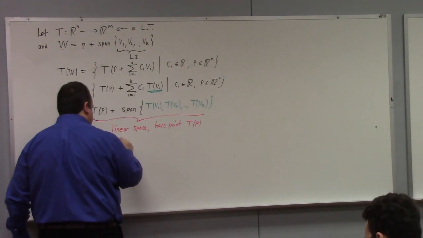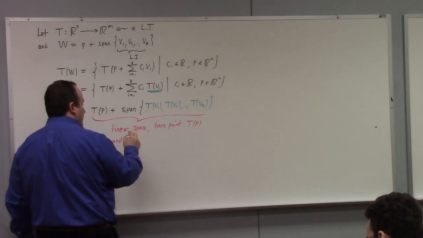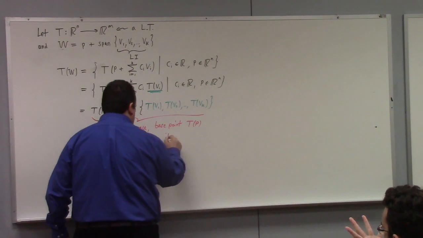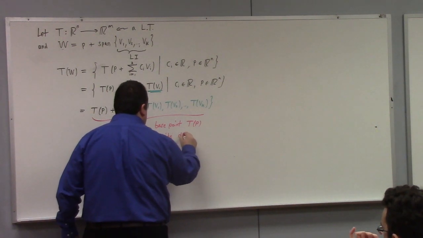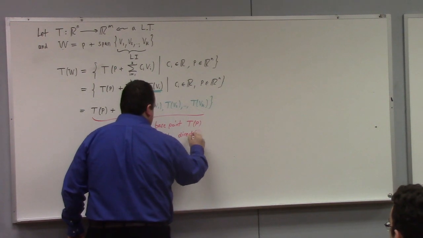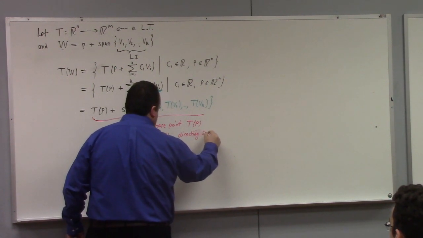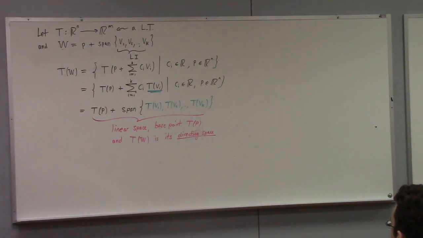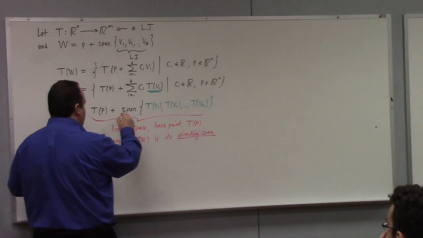And T of W is its directing space. Now, what is T of W? So T of W, I'm suggesting, is the span that's, like T of W is literally this thing right here, okay?